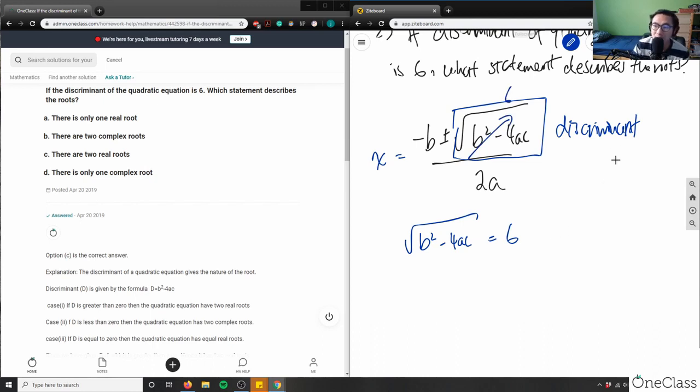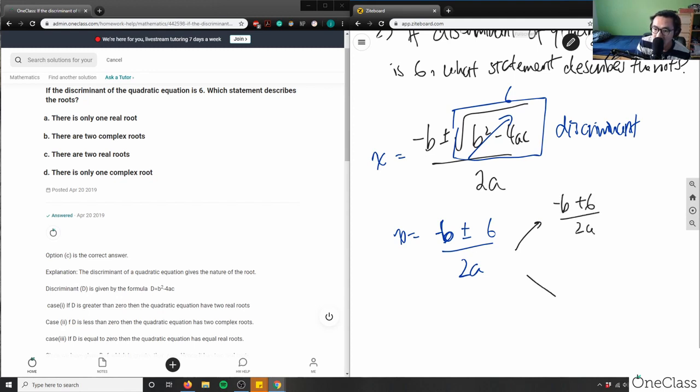I can rewrite my quadratic formula as x equals negative b plus or minus 6 over 2a, and split it into positive and negative: x equals negative b plus 6 over 2a, and negative b minus 6 over 2a.